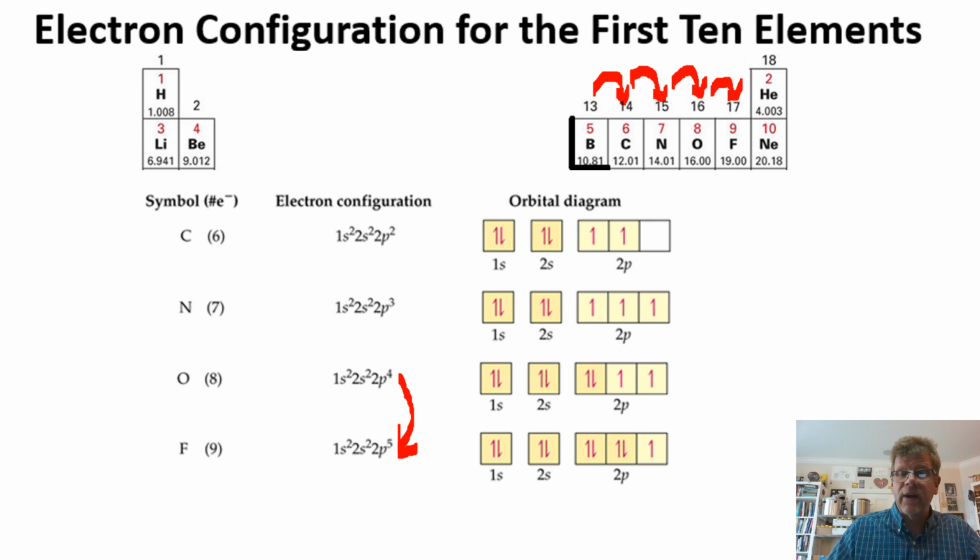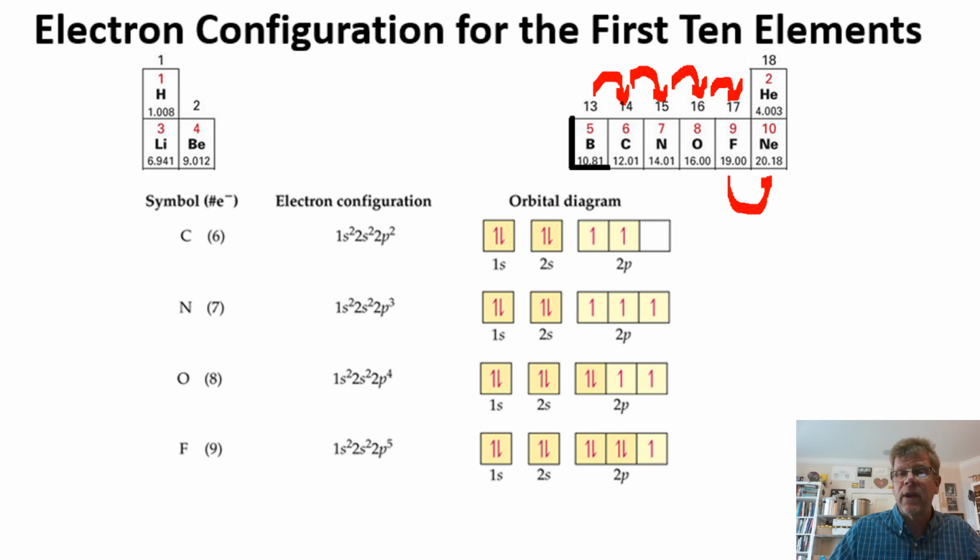Our orbital diagram, we see we've added an electron with spin opposite, as we have before, in that room now. So that's different. That's great that it's different, because all electrons have to have a different set of coordinates, if you will.